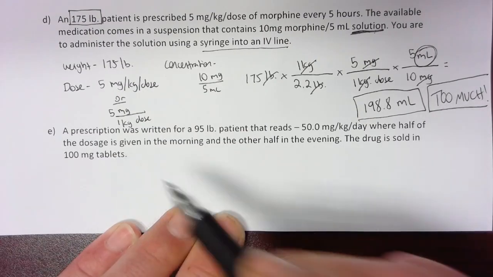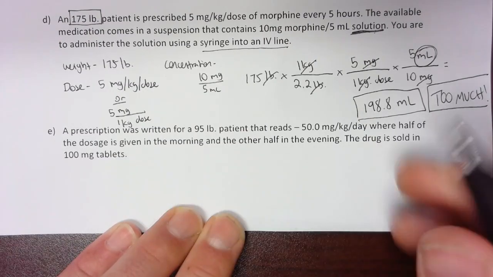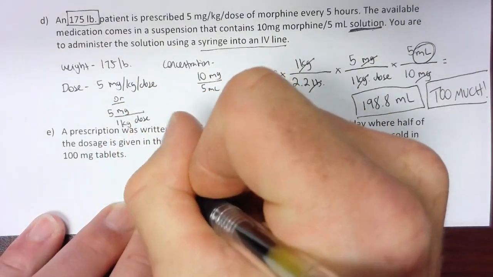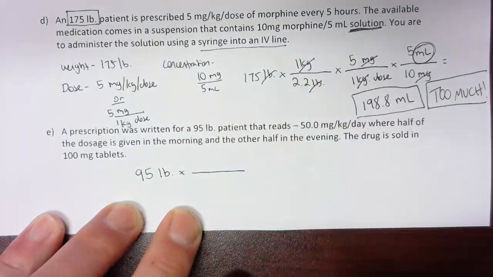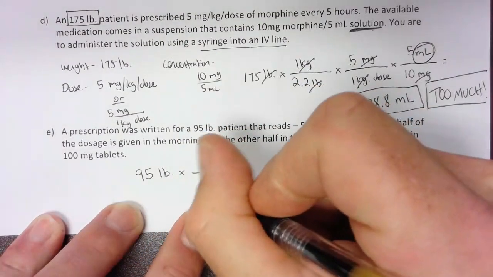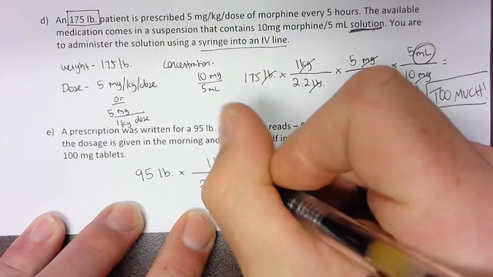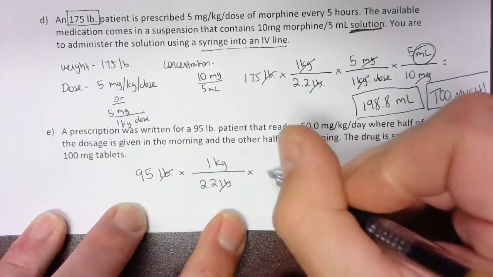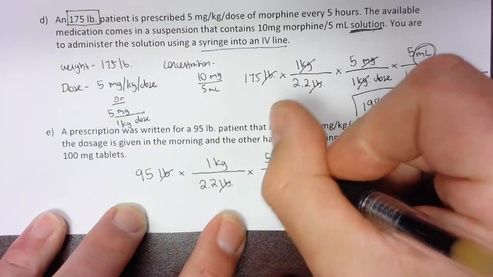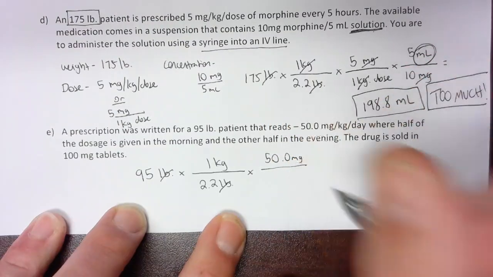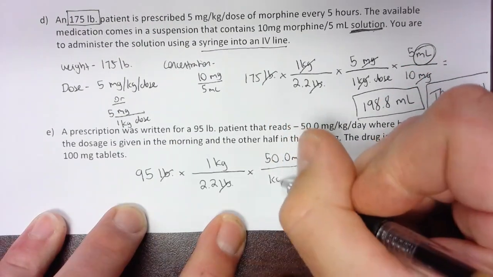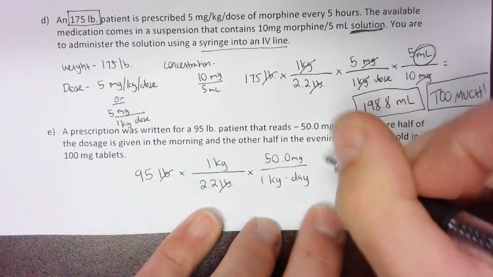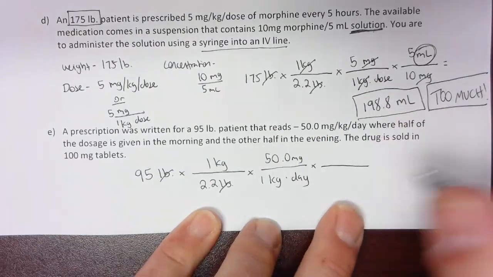Okay, so let's go ahead and begin with the patient's weight. And again, pounds to kilograms, and then the kilograms to the dose. I'm going to go ahead and take this to, for every 1 day, there are 2 doses.